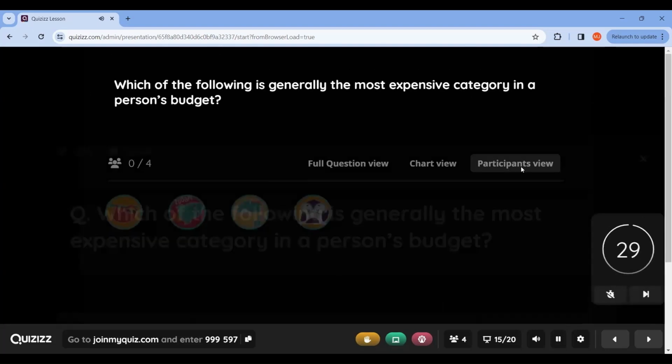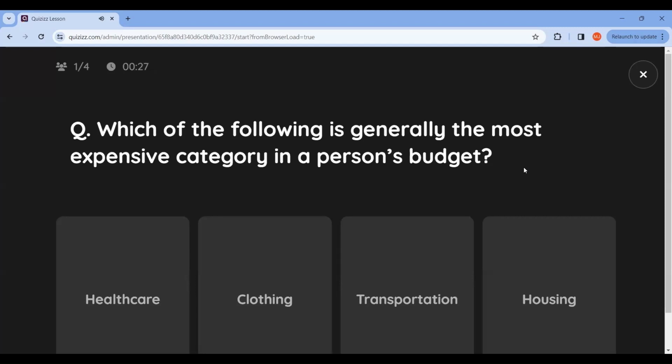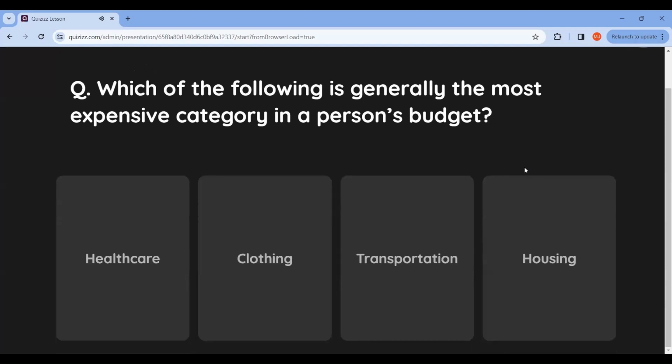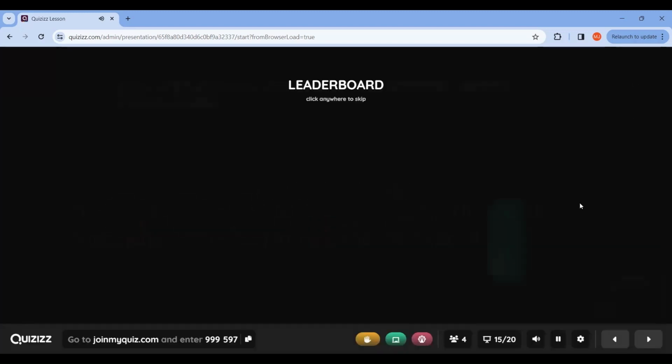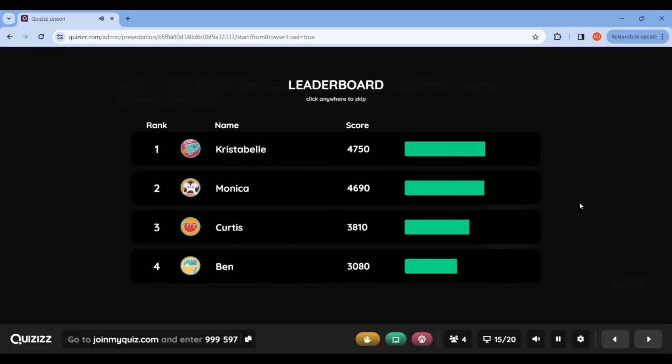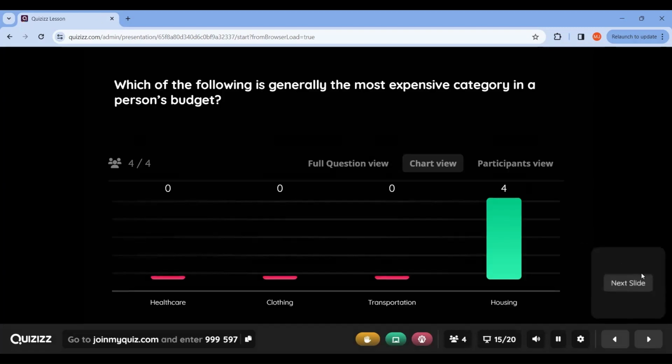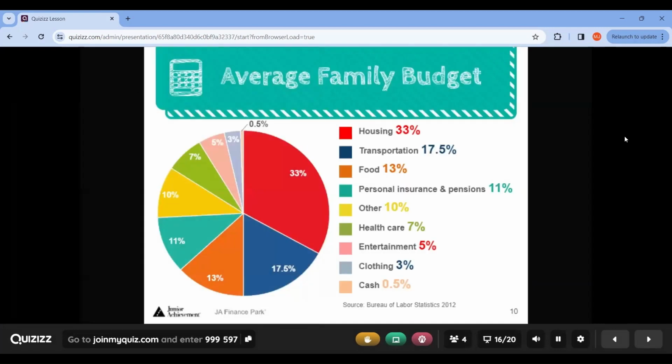So which of the following is generally the most expensive category in the personal budget? So housing, yes, housing is number one.